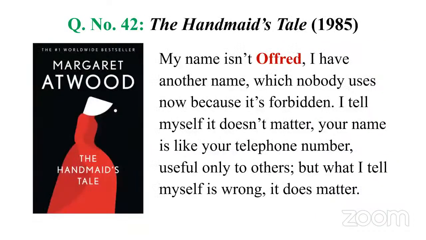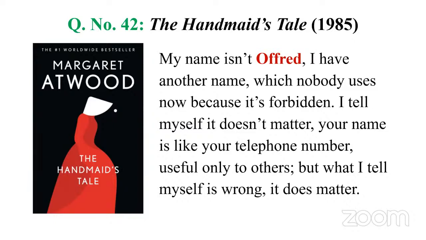Next one, in the last few years, this book is a rage. So we have the Canadian writer Margaret Atwood's The Handmaid's Tale, which was published in 1985. This novel is a dystopian novel. In a dystopian society where all are powerful, women are treated like slaves, and women are assigned to certain powerful people.